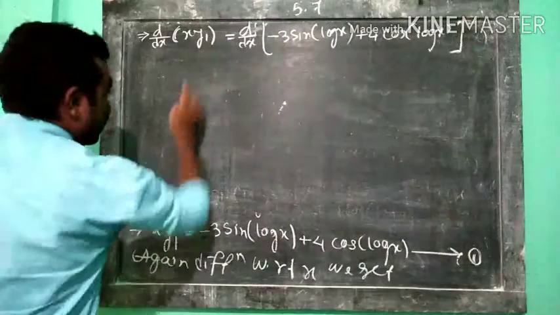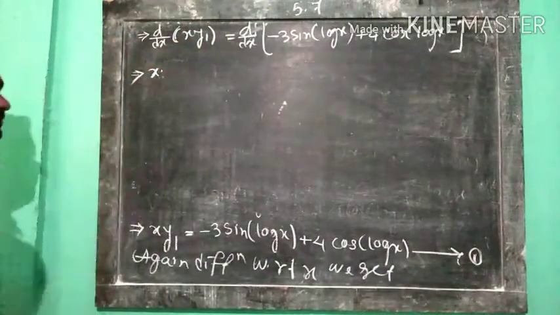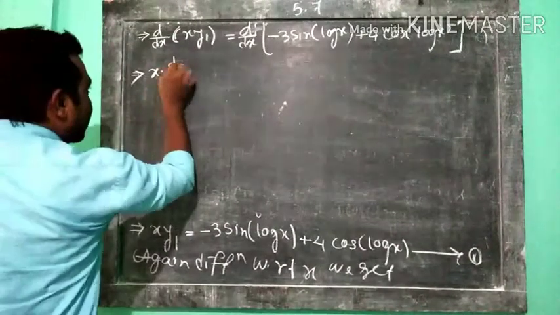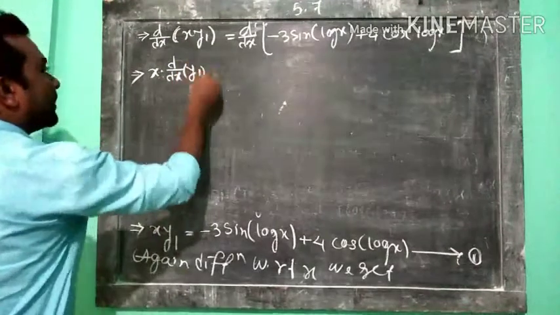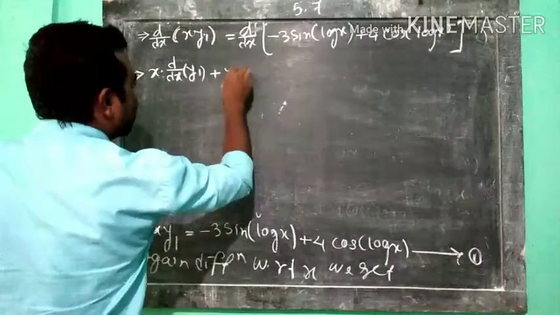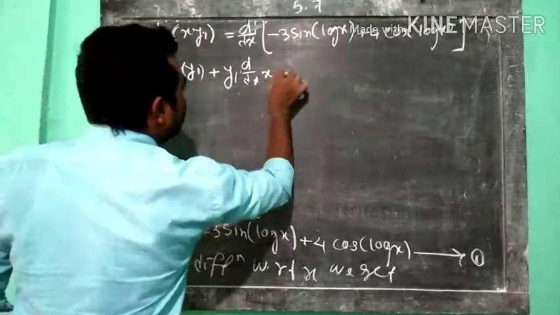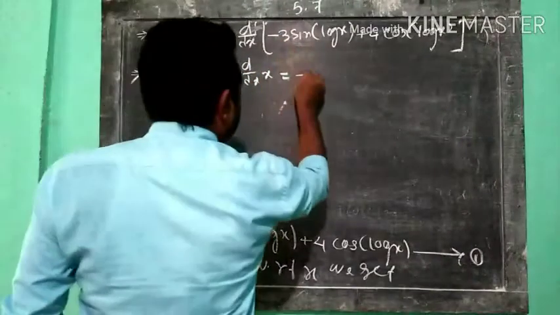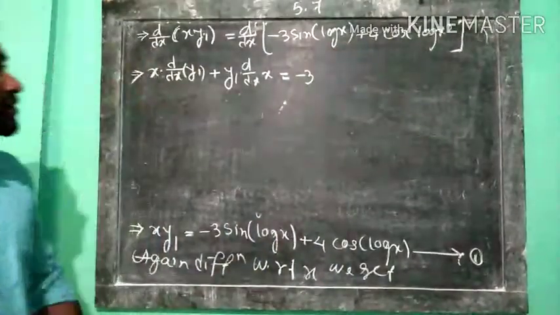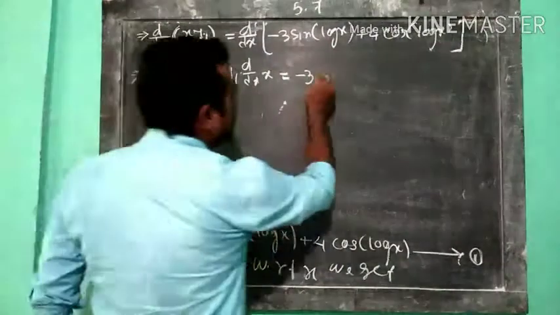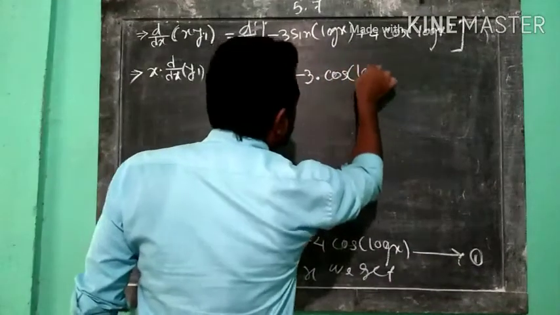Using the u into v method, we have x is constant, then d/dx of y1, plus y1 is constant and d/dx of x, equal to minus 3 is constant. So d/dx of sin x, we know the formula, d/dx of sin x is cos x, here x is log x.